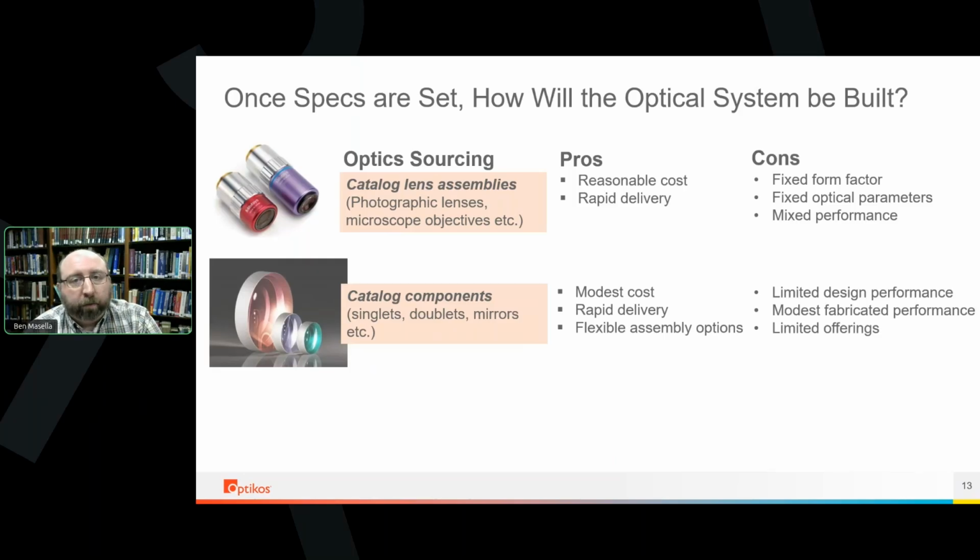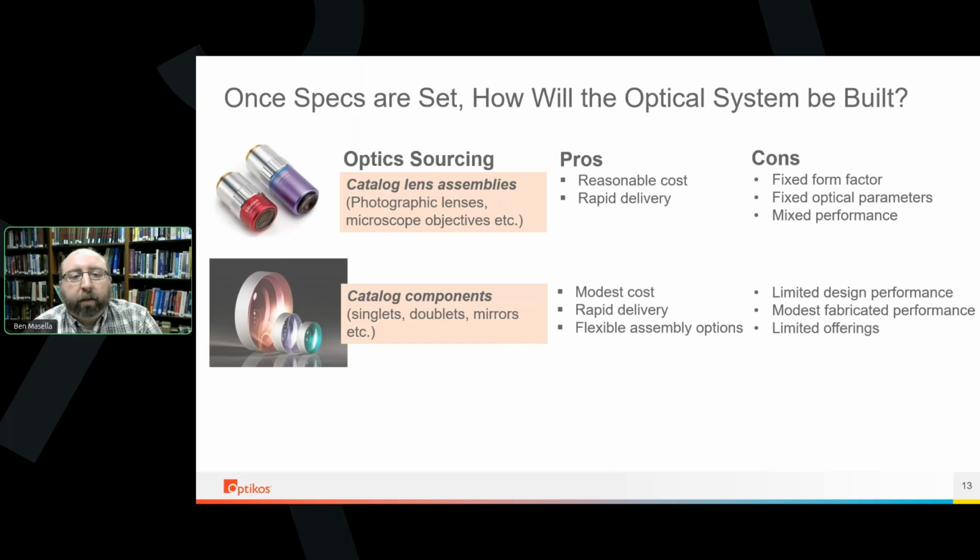It also gives you a little bit more flexibility to mix and match optics and create the optical system that you want. But again, the design performance will be limited by your options available in terms of focal lengths, coatings, sizes. Also, the performance of the final system will usually be limited by not only the selection, but also the manufacturing tolerances of those components, which tend to be looser than can be achieved with a custom design.